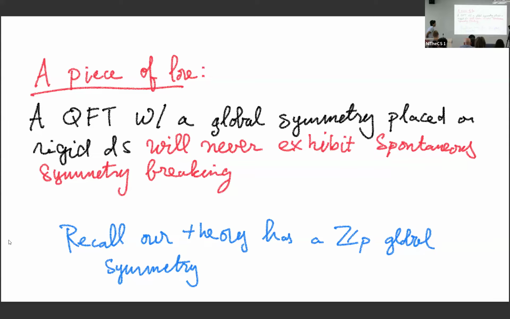But there's a lore that says that you will never have spontaneous symmetry breaking in de Sitter. I just want to remind you that for P equal to 2, 3, 4, our theory had a ZP global symmetry. So here is an example where we have a QFT with a global symmetry, and we can test whether or not that symmetry is spontaneously broken.